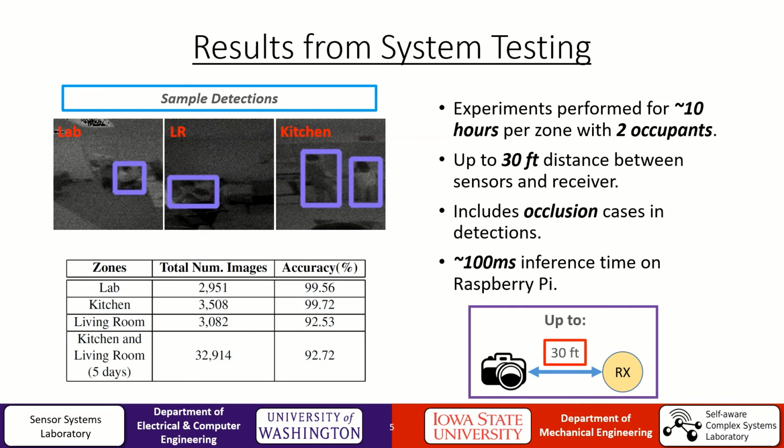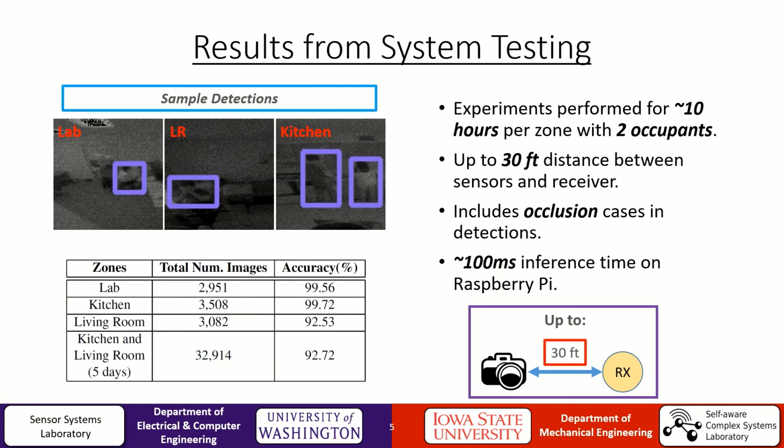In the living room images, we can also see some occlusion cases where only the top half of the occupant's body is visible. In terms of inferencing speed, we are able to achieve around 100 millisecond inferencing time per image on the Raspberry Pi with only 4 GB of RAM.